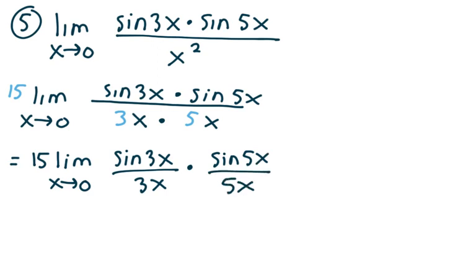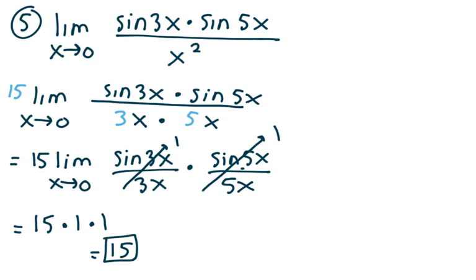Now, if you guys don't mind, notice how I'm going to take the limit of the first factor times the limit of the second factor. So as x goes to 0, this first piece goes to 1. The second piece goes to 1. And so in total, this goes to 15 times 1 times 1. And so the answer here is 15. And that's how you would do the fifth example.